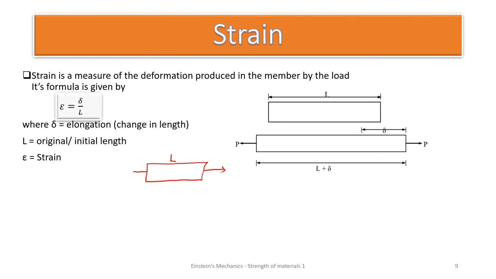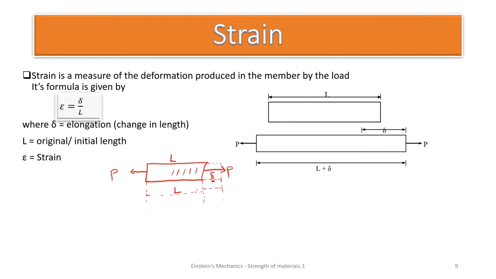Remember, this force will try to pull apart this structure, causing an elongation. The length will never be the same. It will elongate my structure. So from here to here is my L. But when the force is applied, it will pull this through this distance, and I'll call that my elongation. So there will be a slight increase in the length from here to this place.